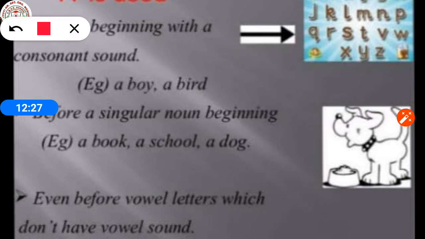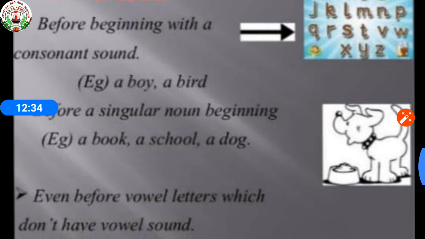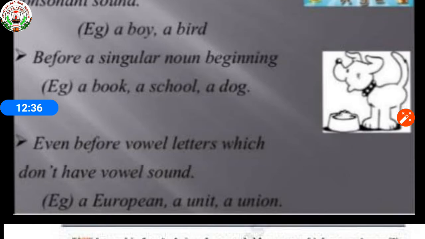For example, a book, a school, a dog, etc. A is used even before vowel letters which don't have a vowel sound. For example, a European, a unit, a union, etc.